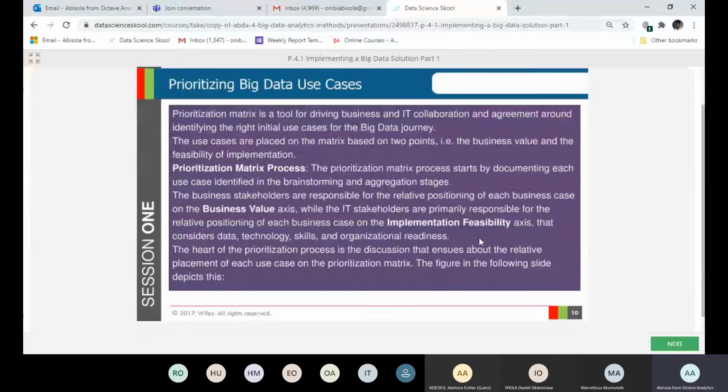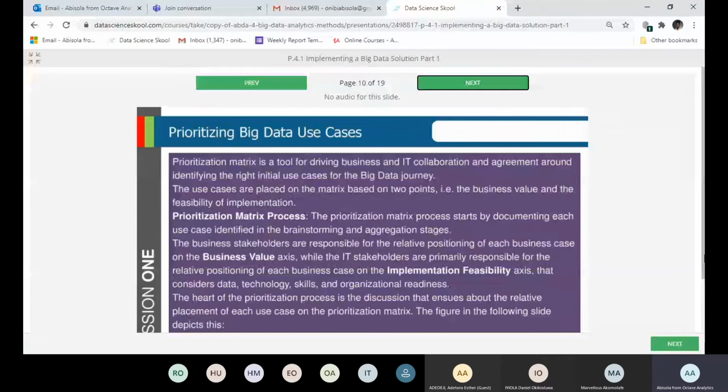Sorry, we're going to do a lot of talking today, but that's what we're supposed to be doing. We're supposed to understand how to implement a big data solution. So let's move on. So prioritizing big data use cases. Okay, so we have something called the prioritization matrix, and this is a tool that is used for driving business and IT collaboration and agreement around identifying the right initial use cases for the big data journey.